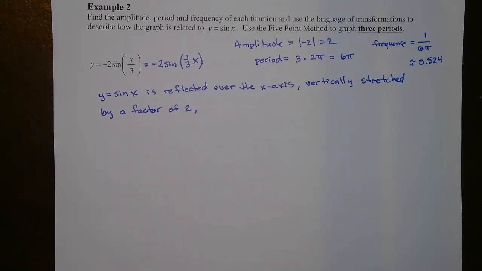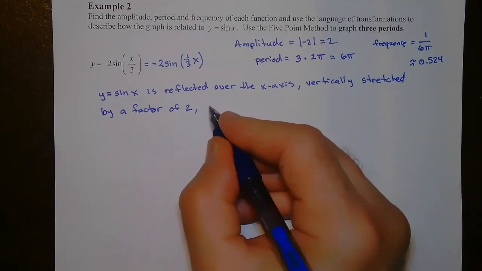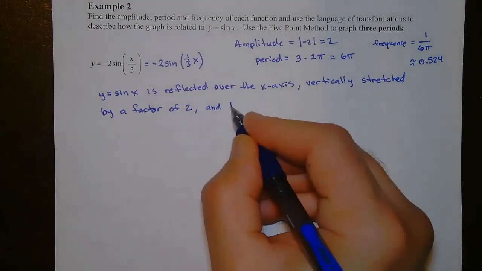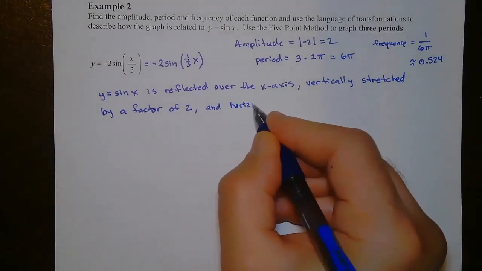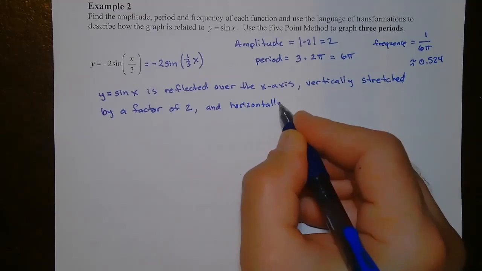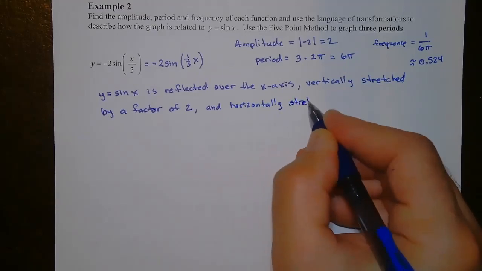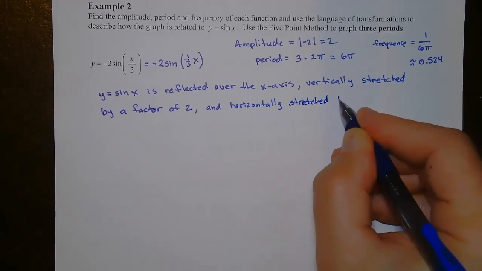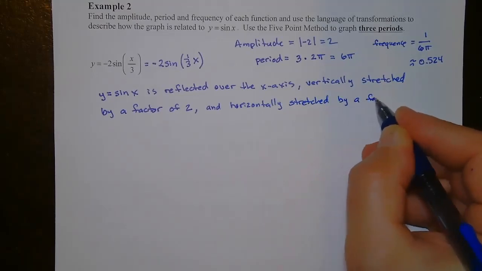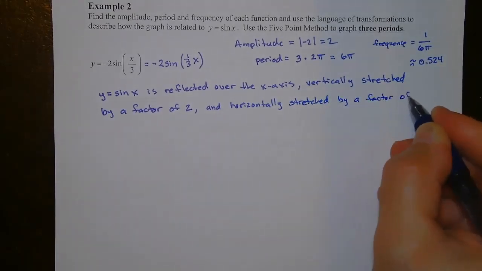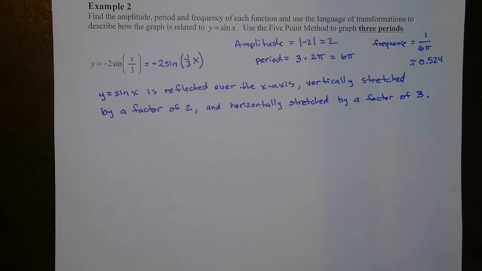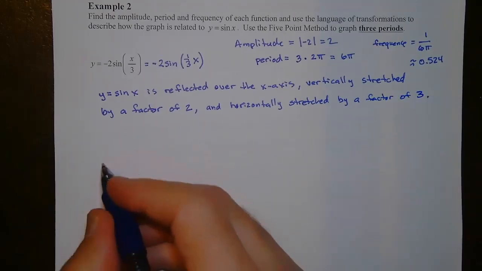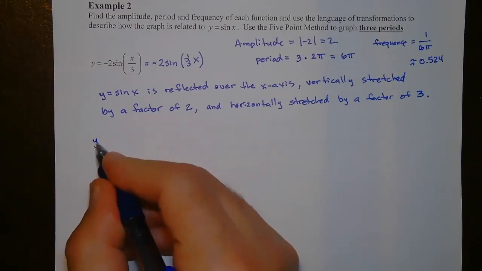So I'm going to multiply my x's by 3, which causes a stretch horizontally. So we see vertically stretched by a factor of 2 and horizontally stretched by a factor of 3. Okay, so let's write the 5 points for y equals sine of x.